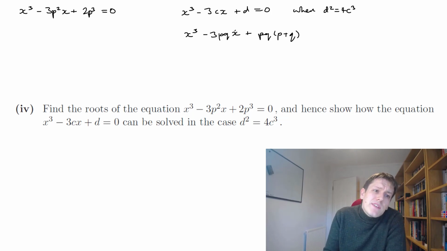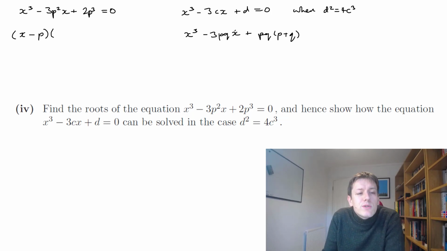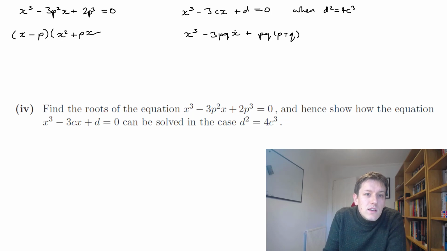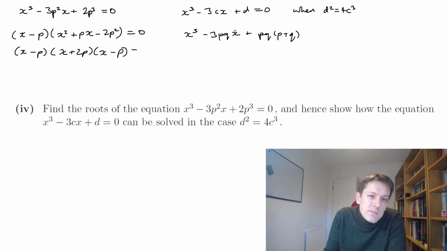The fact that x equals p solves this means I can factor out x minus p using the factor theorem, and that factorizes then as x squared plus px minus 2p squared. You should be able to do that fairly easily just by matching up the relevant coefficients. And then we can factor this further as x plus 2p times x minus p equals 0.